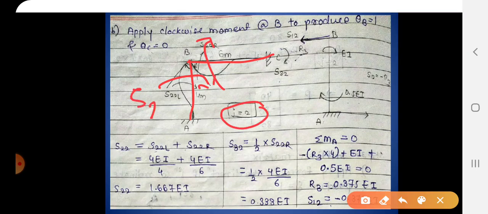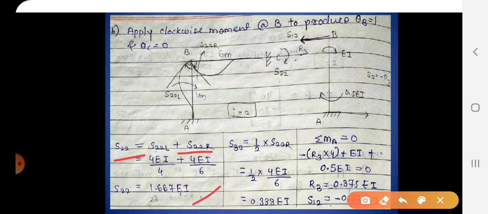So S22L and S22R, and here at end C, the moment will be S32. First we will calculate S22 is equal to S22L plus S22R, 4EI by L, 4EI by L. Then S32 is equal to half of S22R.